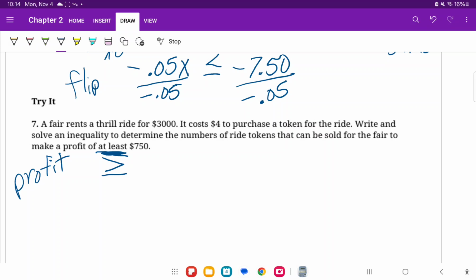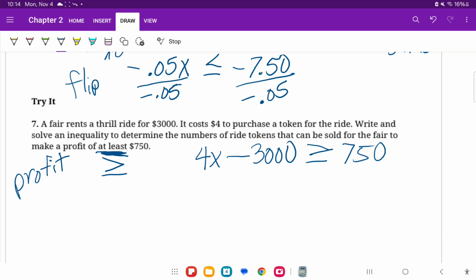So what that means is that we're going to do $4 times the cost of a ticket, a token, minus $3,000 of our initial investment, and that has to be greater than or equal to $750 because we need to make a profit. So how many tickets do we need to sell so that after we subtract our initial investment, our rental fee, we still are making that much?